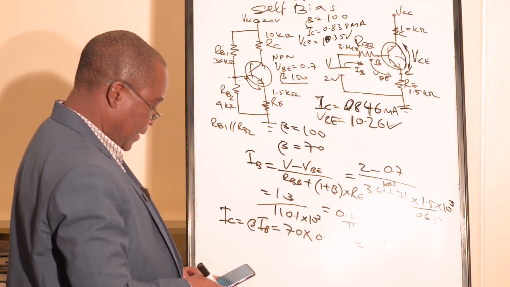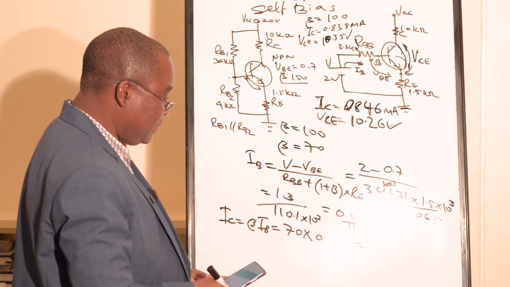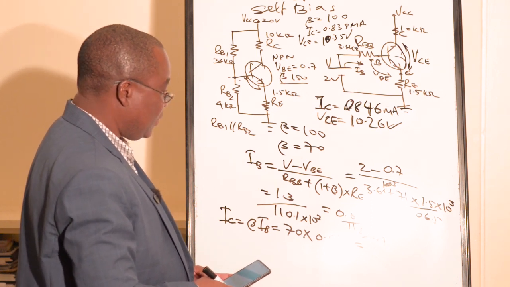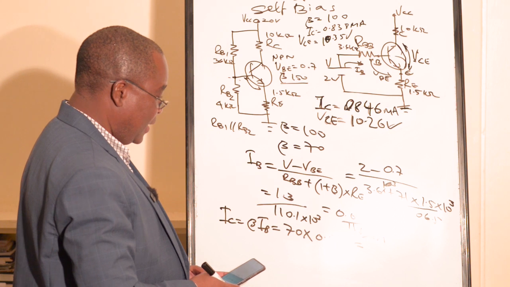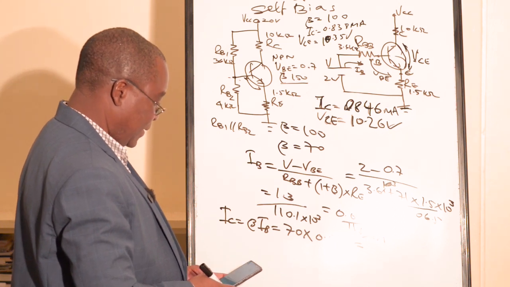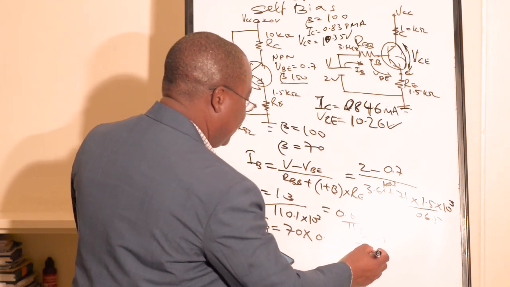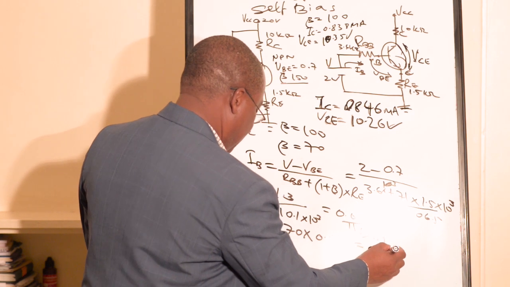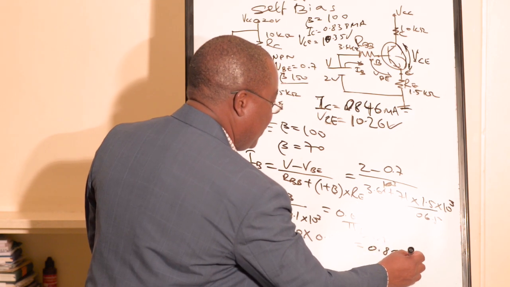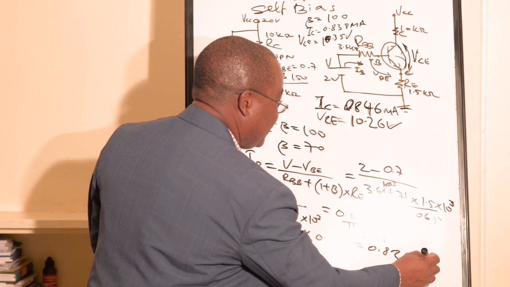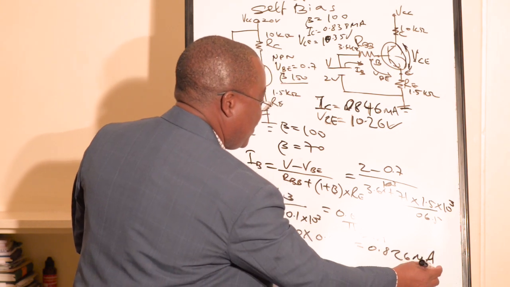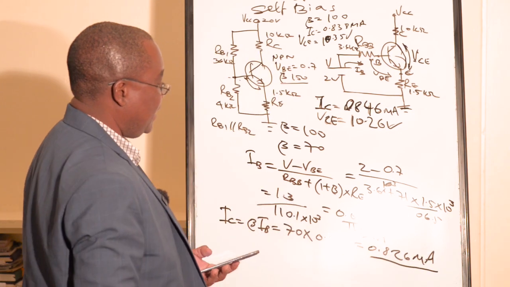We take 70 times 0.0118. So we have our 0.826 milliampere. So this is our IC.